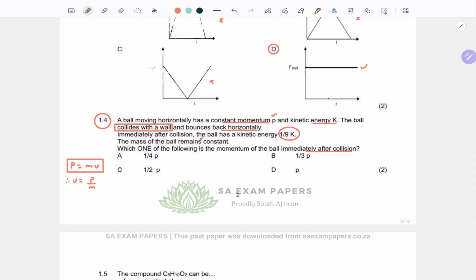Secondly, we take the scenario of the first instance. We want to know what K is.